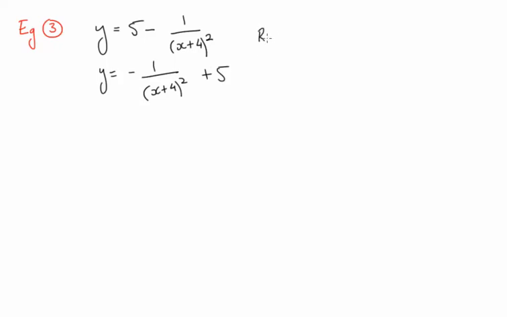So we can say reflection in the x-axis. And I hope you're finding that previous video useful as a kind of cheat sheet to figure out which one to use. And we have translation of 4 units to the left and 5 units up.